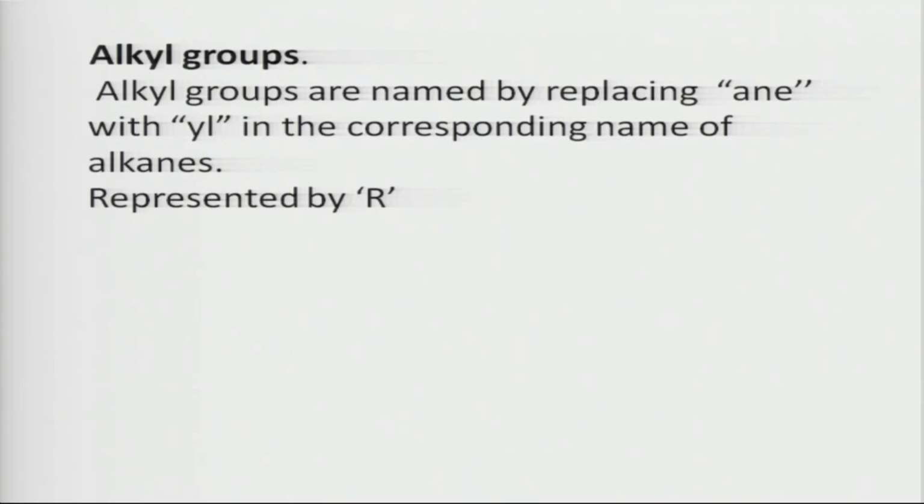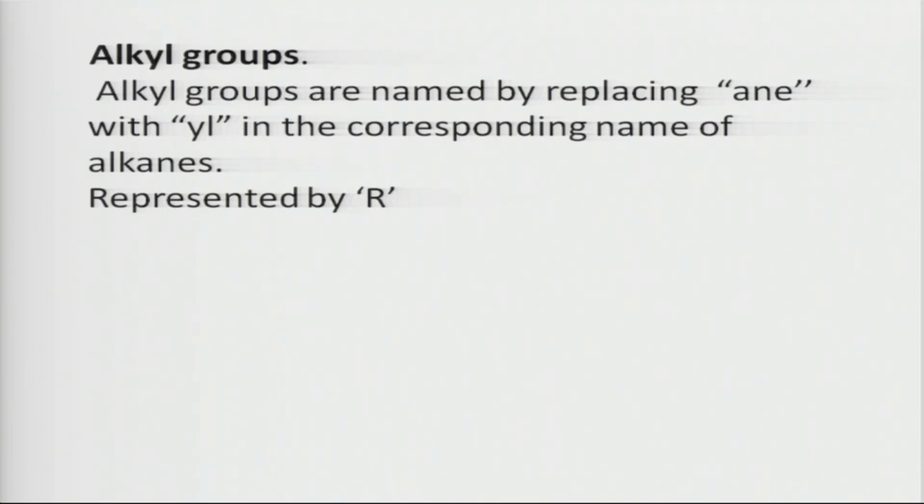While we are naming these organic compounds, we need to talk about the alkyl groups. Alkyl groups are named by replacing ane with yl in the corresponding name of alkanes, and they are represented normally by R. So when you are naming, we remove that ane and we put yl, which gives the name of the alkyl group.